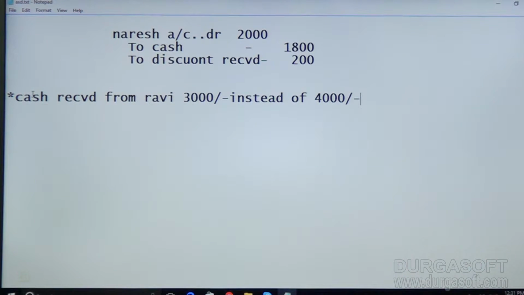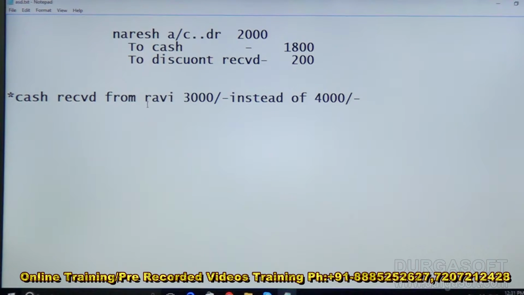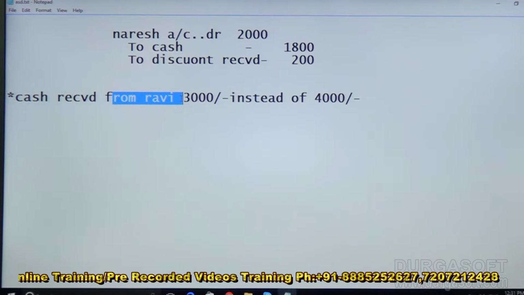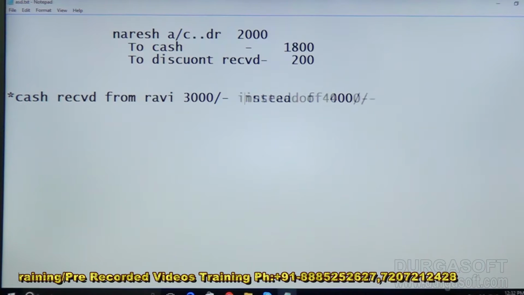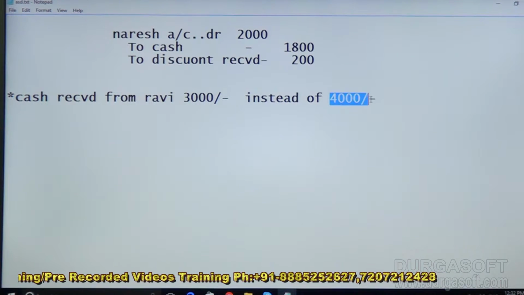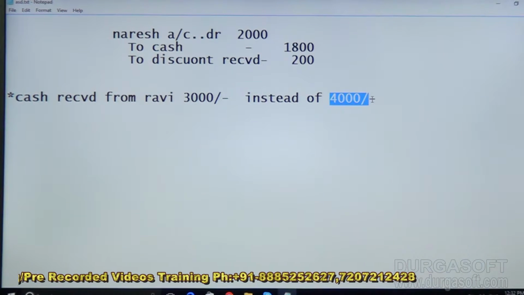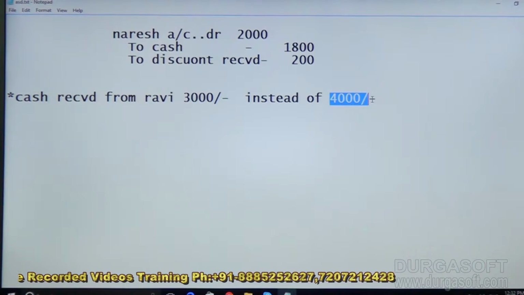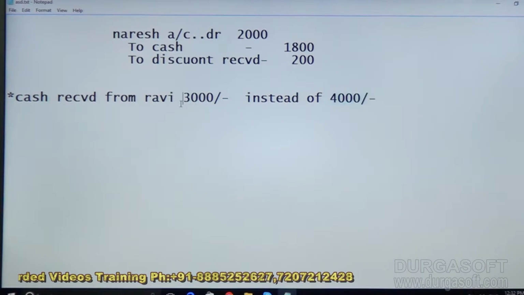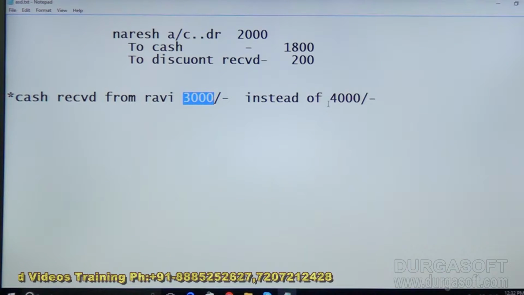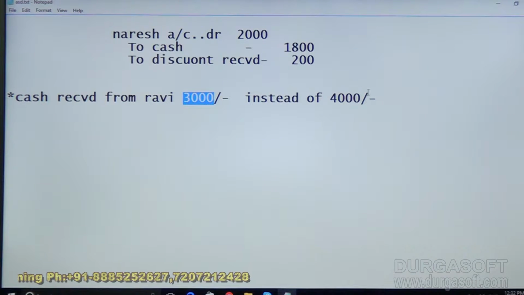Clear about this? We have received the cash from Ravi 3000 instead of 4000, means previously we were to receive the amount 4000 rupees from a person, but after settlement he came to a final and paid us 3000. So how much is the difference? 1000. Is 1000 loss or profit? Loss automatically. So we have allowed the discount to the customer.